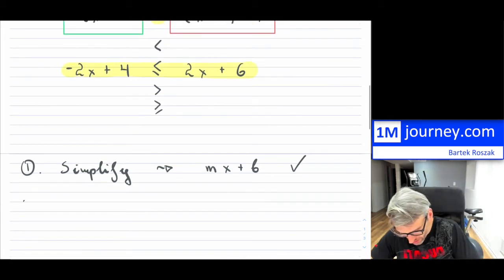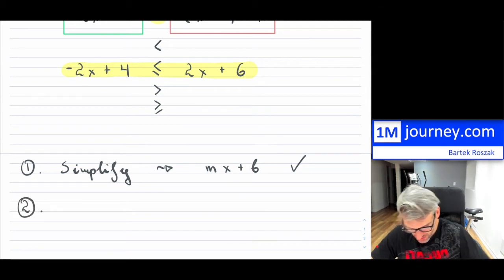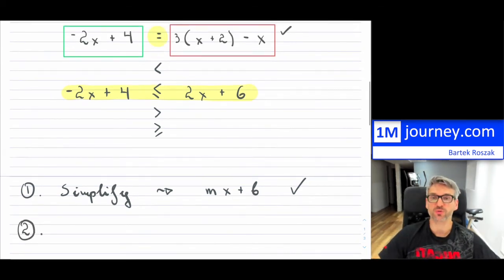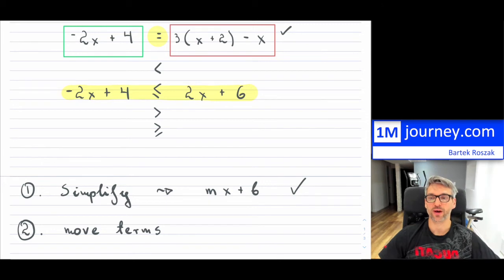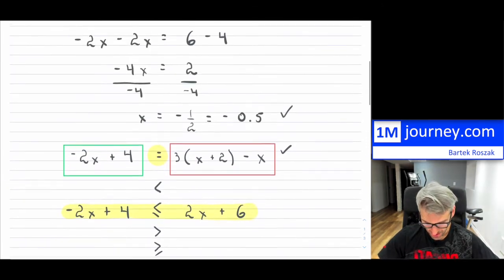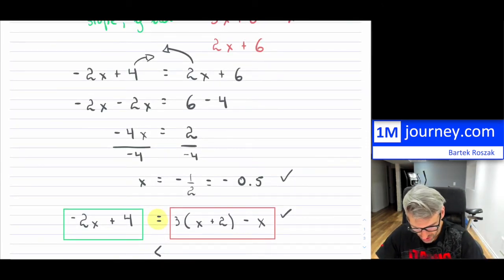Now, what else do we do when we solve these? Well, we started to collect like terms, right? So we would move terms to the left-hand side or the right-hand side. And that was this step right here, where we shifted this 4 to the right-hand side, and then this 2x to the left-hand side.